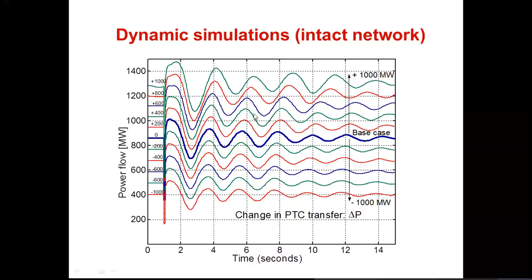The amplitude of oscillations increases with more loading on the line. But if you reduce the power flow from the base case by minus 200, minus 400, minus 600, and so on, so that you have reduced the power flow by 1000 megawatt, you see the oscillation is comparatively reduced.